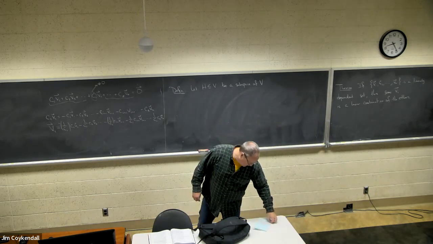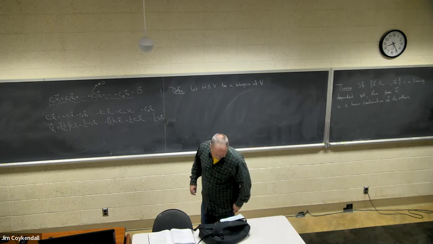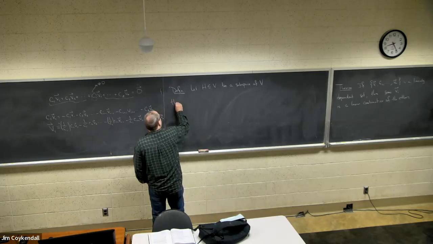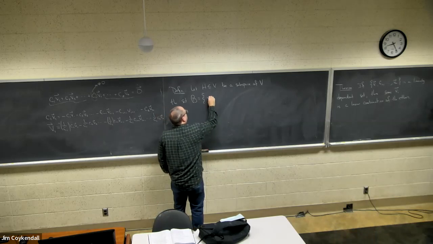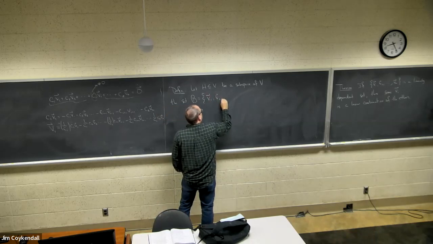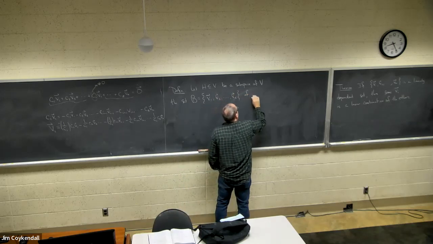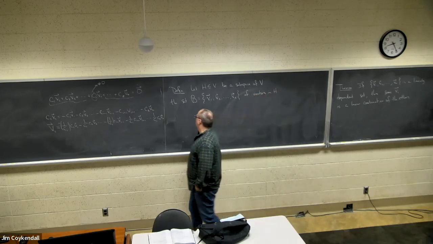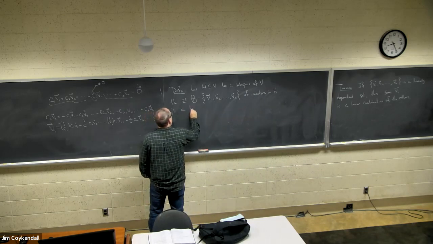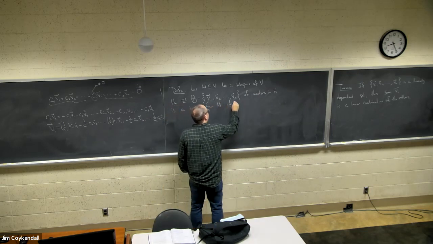A set, let's say, a set fancy B, which is maybe vectors b1 through bk, is a basis.